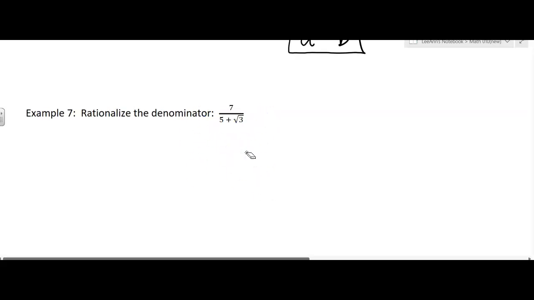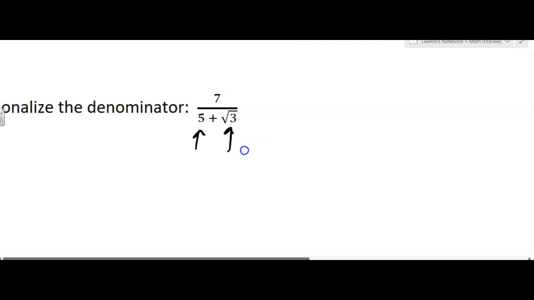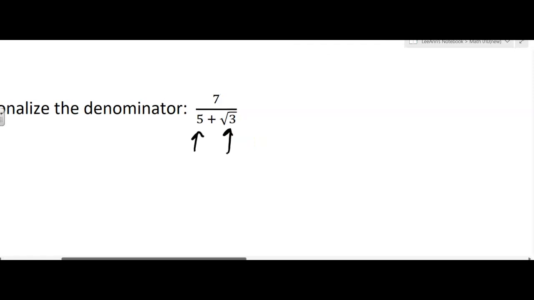Okay. So because there are two terms, like how are you going to know? Well, I have two terms, right? I have addition or subtraction down there, and there's also a radical or a square root sign. That's how you're going to know to use the conjugate. Okay? So let me make this just a little bit bigger. And we're going to multiply by the conjugate of the denominator.